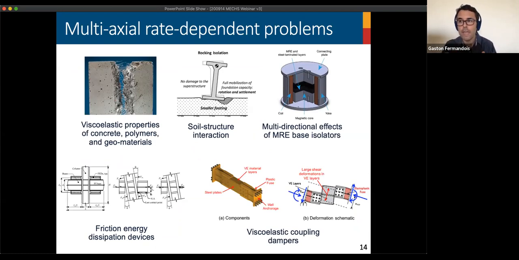So if the elements are rate dependent, and we need to impose a multi-axial loading condition over the element, then the previous frameworks that I showed before are not satisfactory, and we need something that can conduct this kind of test. So this is basically the motivation for the following slides.